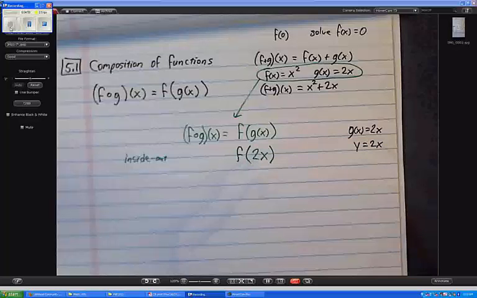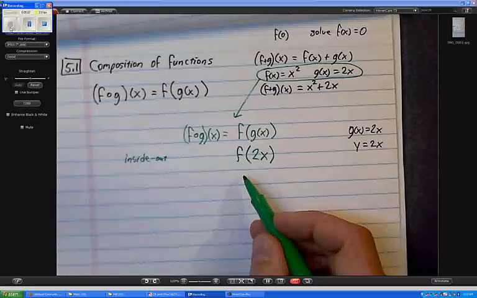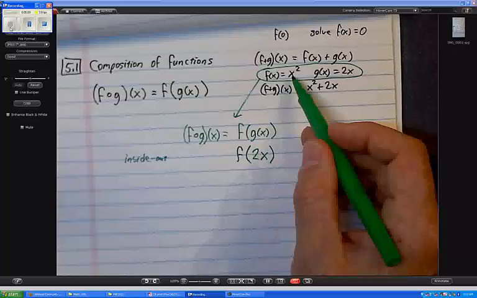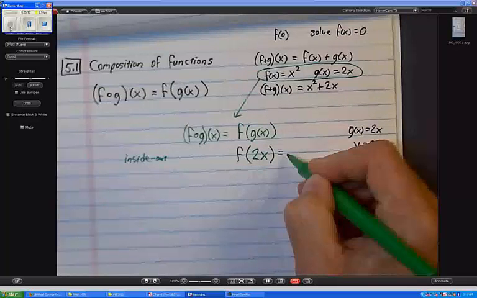Now how do you do that? Well, what's f of x? x squared. So everywhere there's an x, I need to put what? 2x. So f of 2x would be 2x quantity squared.